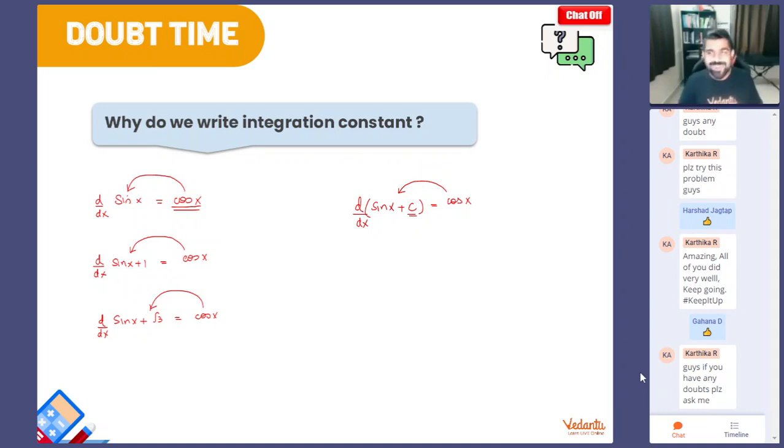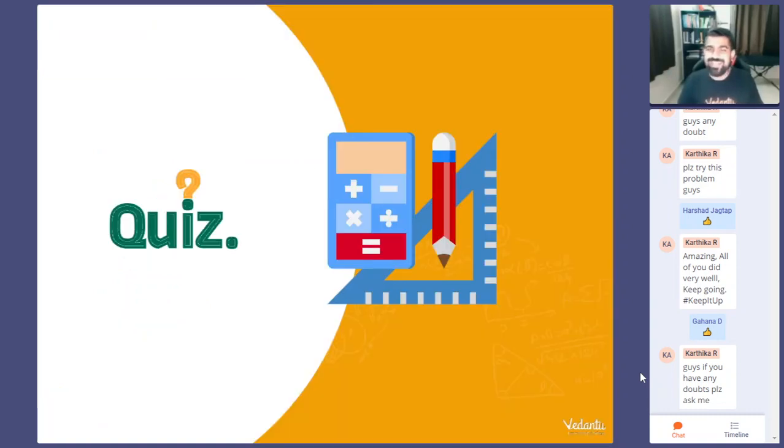Got it? Awesome. Did you all like it? So this is the reason why we add a constant, because the derivative of sin x plus any constant is going to be cos x only. So the integral of cos x should be sin x plus c. Cool. I hope this has clarified and cleared up a lot of things in your mind.